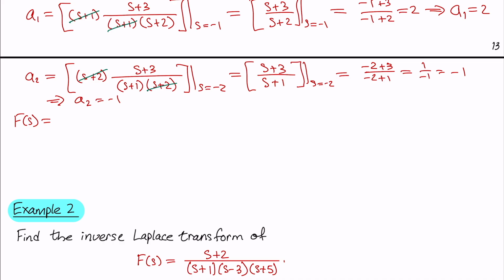And we now have completed our partial fraction decomposition. At least we know what the residues are. And we can write this out as 2 divided by (s + 1) minus 1 over (s + 2).